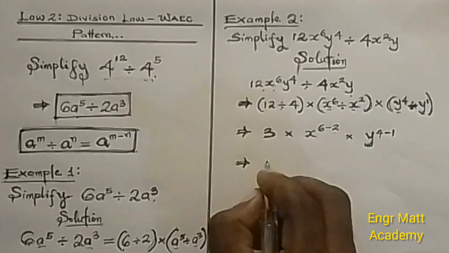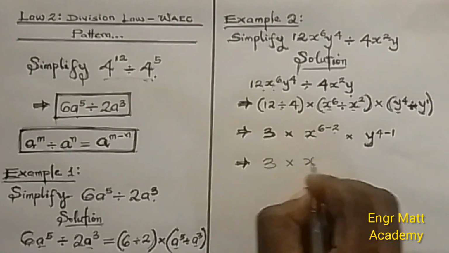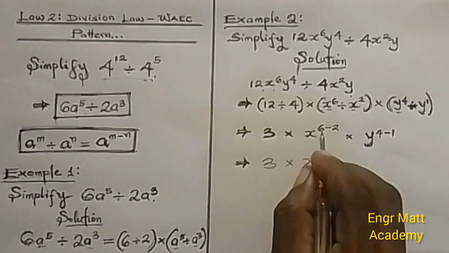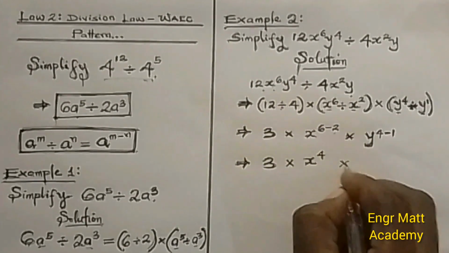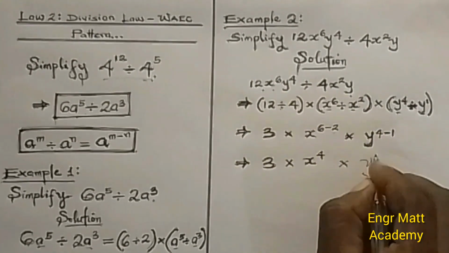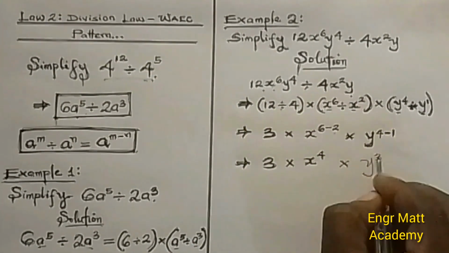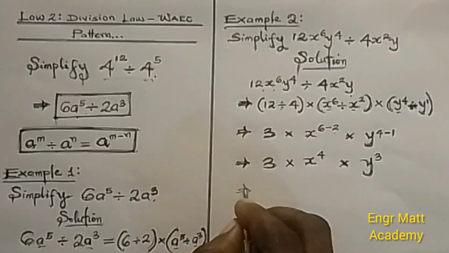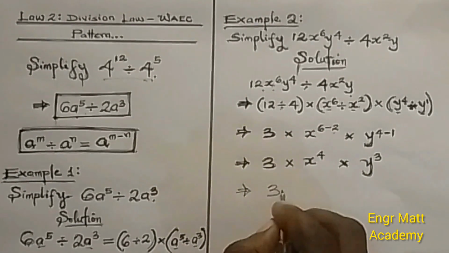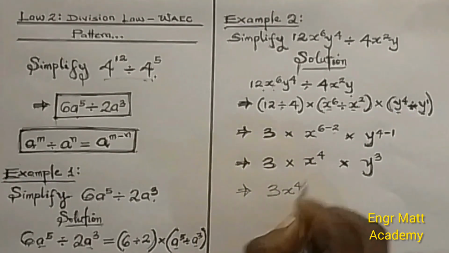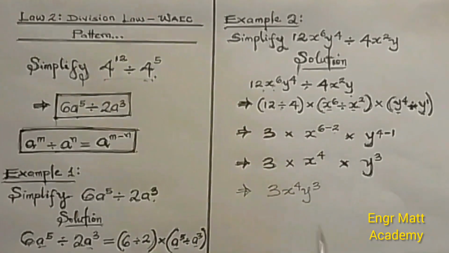Next, 3 still remains here, times x raised to power 4, since 6 minus 2 is 4, times y raised to power 3. How? 4 minus 1 is 3. Now we multiply everything together. We get 3x to the power of 4 and y to the power of 3.